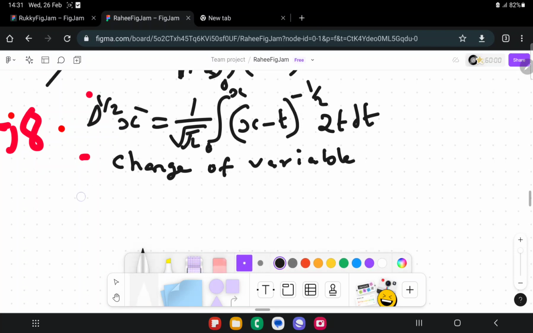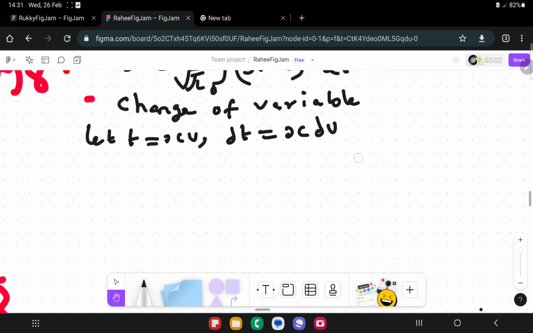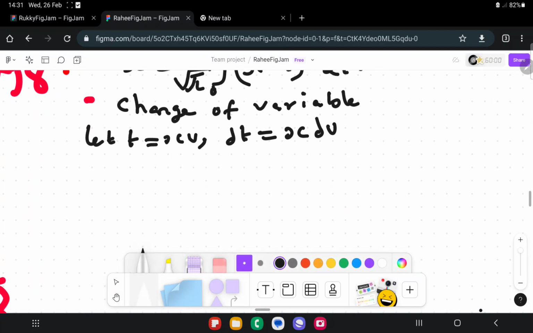Let our t equal to xu. If our t equal to xu, then we have our dt to be equal to x du. So that is the value of our dt.